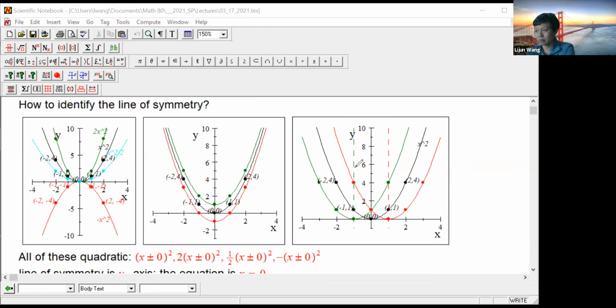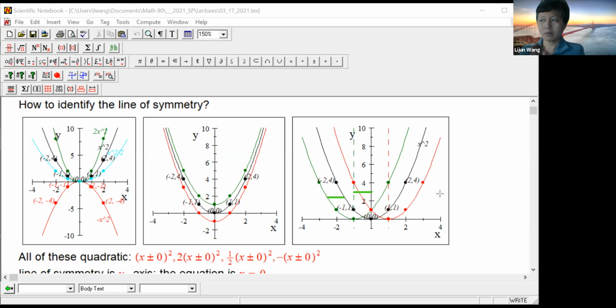The green is shifted by 1 unit. The line of symmetry is also shifted by 1 unit. Same number of units shifted. If we shift it to the right, the line of symmetry will also shift to the right by the same number of units.